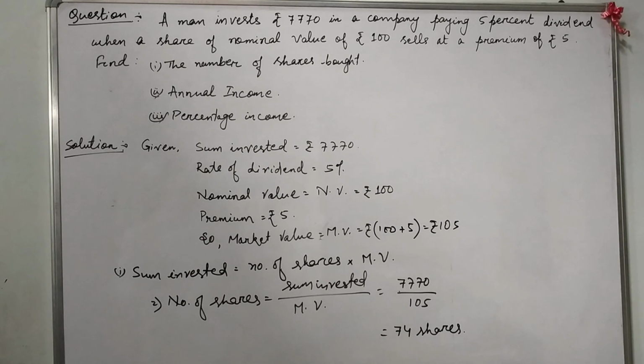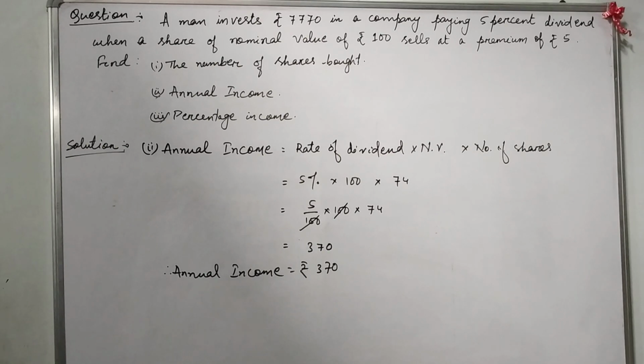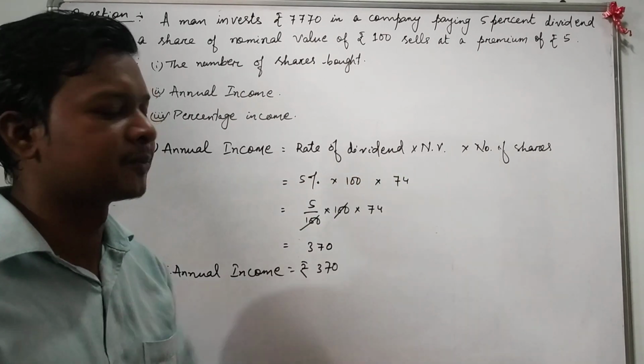Okay, so we'll go for the next one, the annual income. We'll see how to find the annual income. Annual income is equal to rate of dividend into nominal value into number of shares.